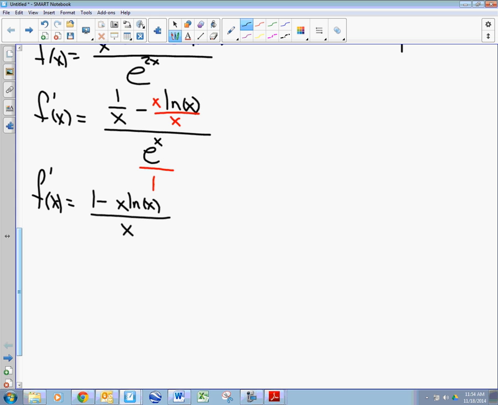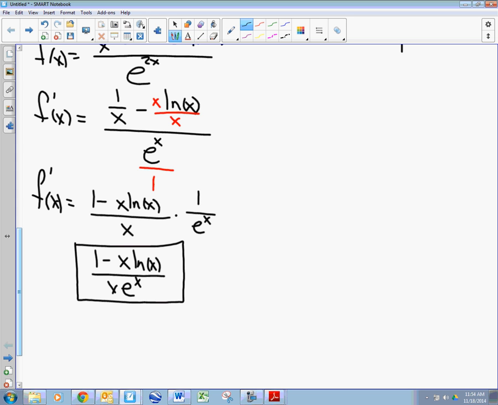And I'm going to multiply by the reciprocal. Questions on that example?